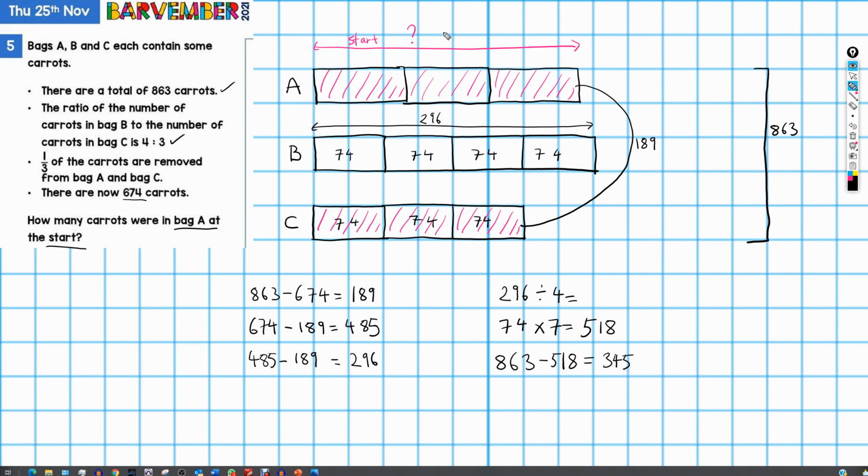And that is my answer. If we've taken away all of those units from the total that we had at the start, that must be how many carrots were in A at the start. So there's my answer, 345. Okay, I hope that helped.